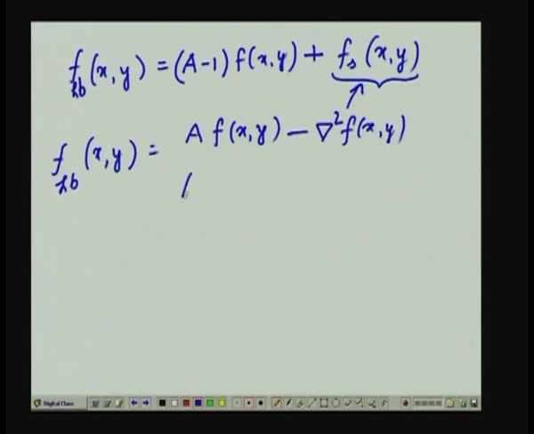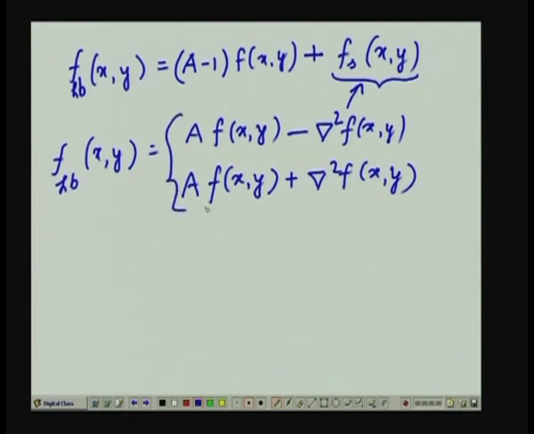Or I will have the same expression written in the form A f(x,y) plus Laplacian of f(x,y) when the center coefficient in the Laplacian mask is positive. As we have seen earlier, the first expression will be used if the center coefficient in the Laplacian mask is negative, and the second expression will be used if it is positive.